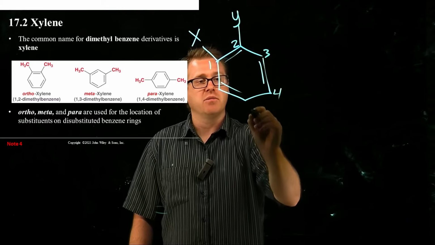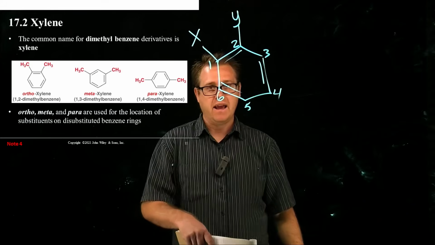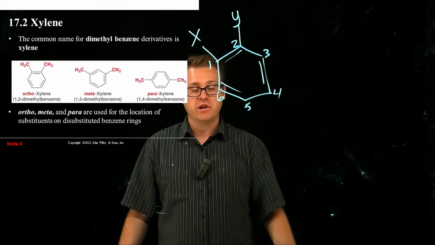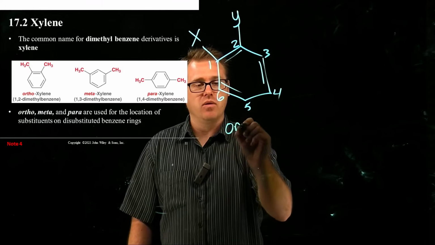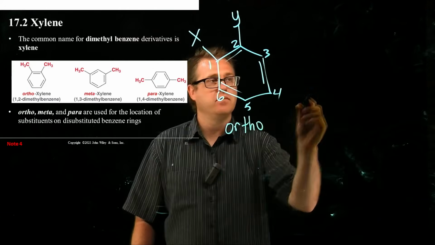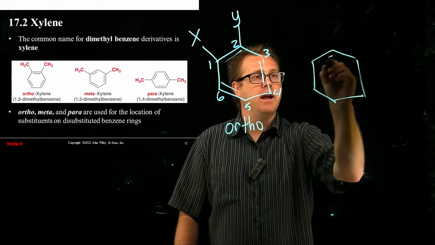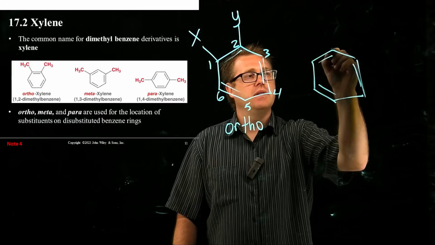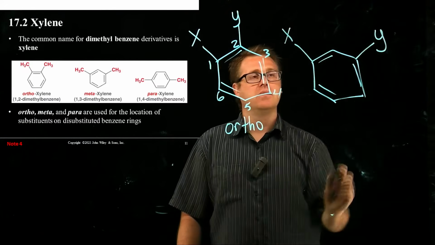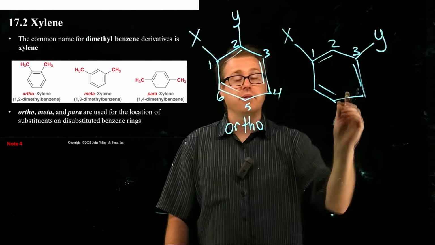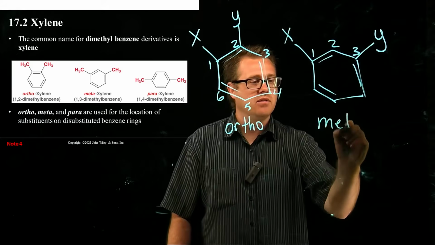When you number the carbons in the benzene ring, you can see that X and Y are in a 1-2 relationship. And when you have that, you have ortho. If we put X here and Y there, you can see it's a 1, 2, 3 relationship. And when it's a 1, 2, 3, we have something called meta.